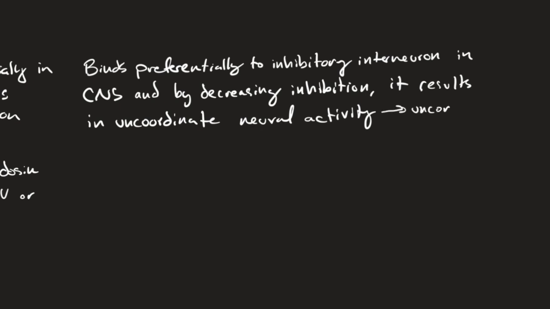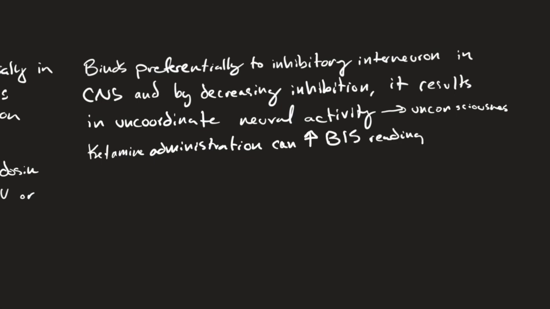Well, ketamine preferentially binds to inhibitory interneurons in the central nervous system. And so when you remove that inhibition, you get this disorganized chatter from some of the other neurons. So you have this disorganized high energy brain activity, like gamma waves, especially in the frontal cortex. And so the BIS senses this, and it's normally built to spot the decrease in cortical activity with other drugs.